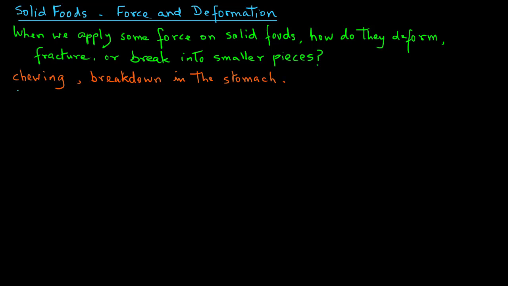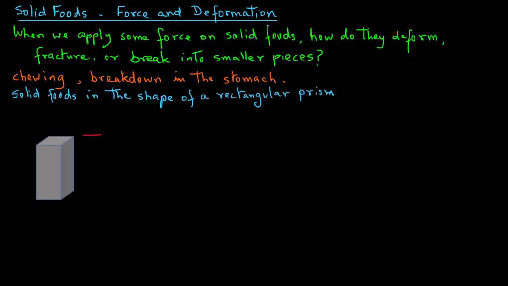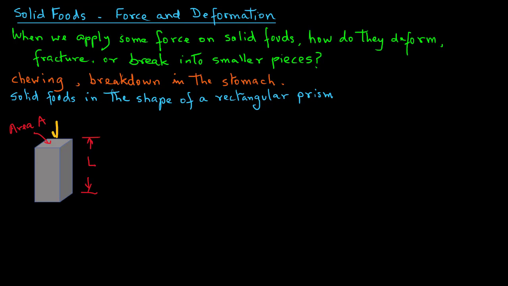So we will consider a solid food in the form of a rectangular prism. So a three-dimensional representation here as shown. The height of this solid is L, and the area on the top and bottom faces is A, and we apply force from both sides.